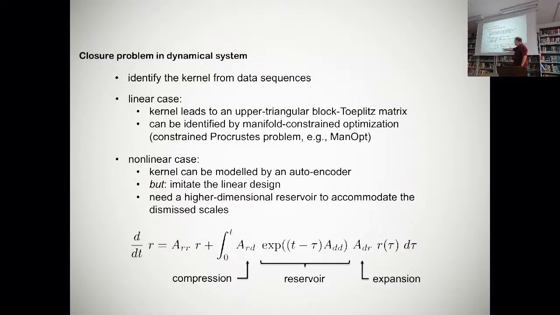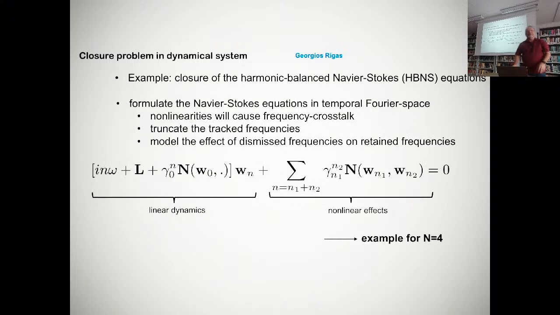This is now turning into a reservoir, and this is turning into compression. Small, high, small. So our autoencoder, even though it goes from small to small, has to have a reservoir in the middle that is rich enough to represent this dismissed dynamics. So we're going to try that out.